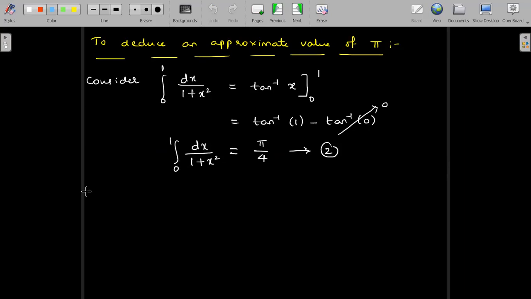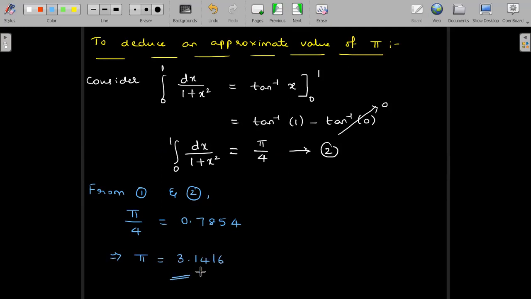So pi by 4 is equal to 0.7854, or cross multiply 4 to the other side. So pi is equal to 3.1416. So this is an approximate value of pi through Simpson's 1/3 rule. Hence the solution.